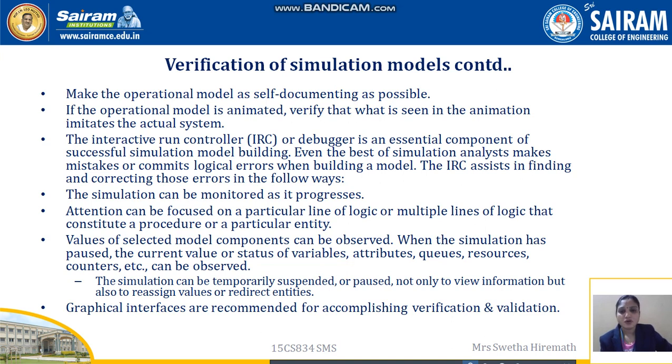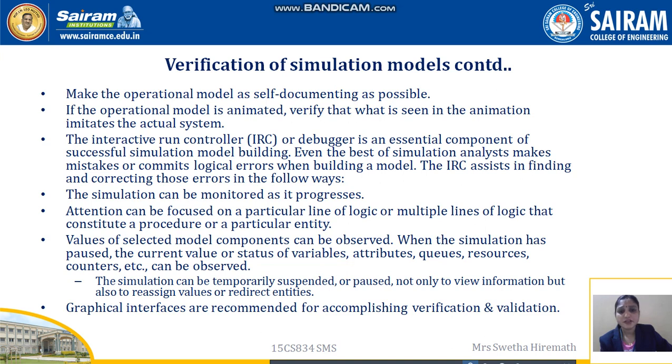Values of the selected model components can be observed. When the simulation has paused, the current value or the status of the variables, attributes, queues, resources, counters, etc. can be observed. Only for that particular moment, in a real-time system, there will be a certain set of values which can be observed, and that will be related to the ongoing process.